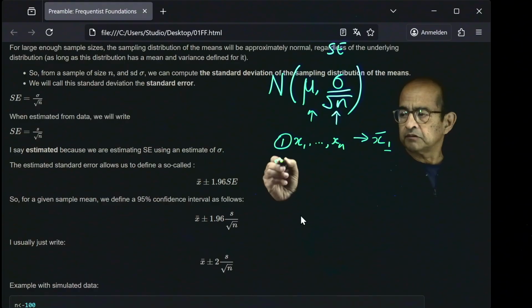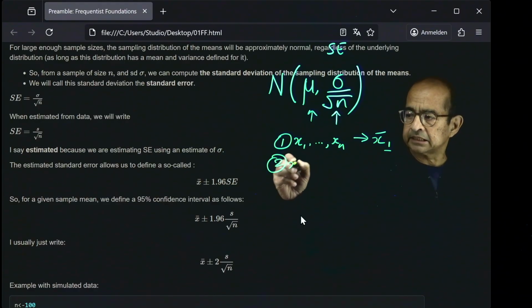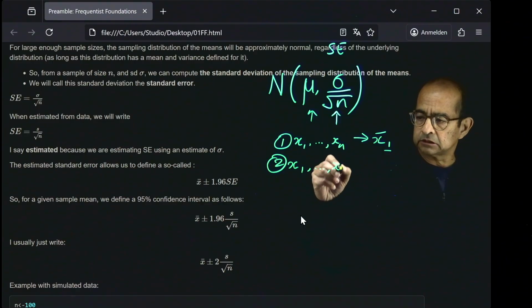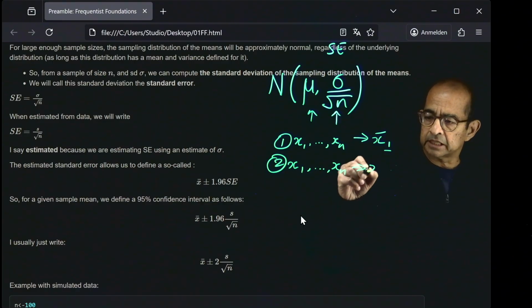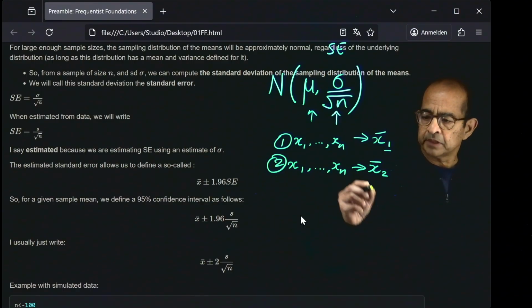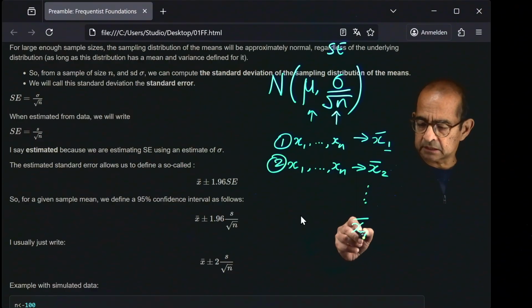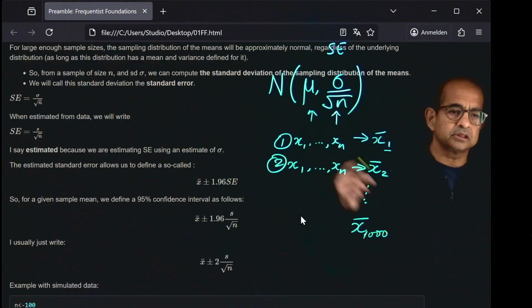Then we do the second experiment, collect new independent and identically distributed data, and calculate another sample mean, right? And keep doing this over and over again, let's say 1,000 times.